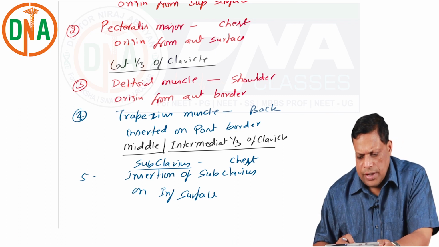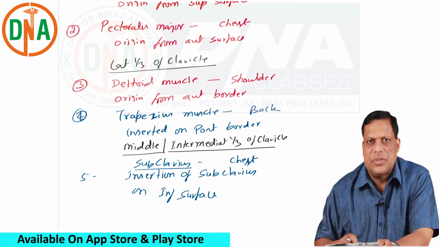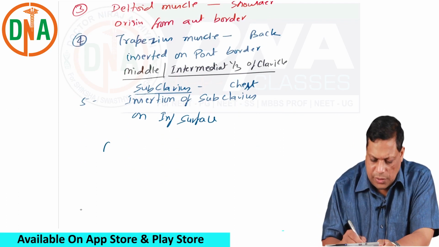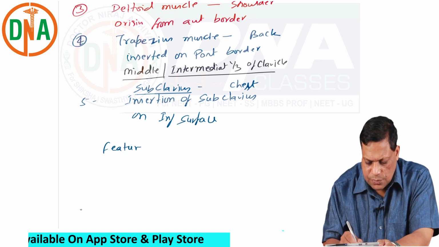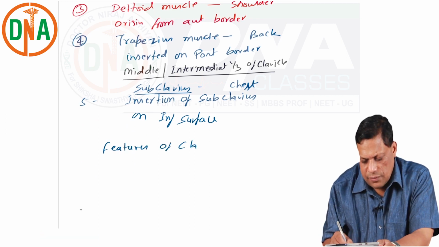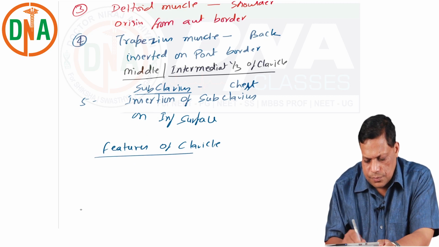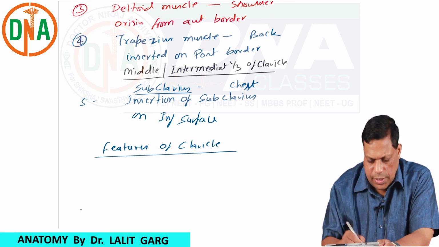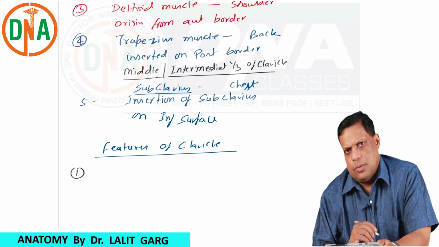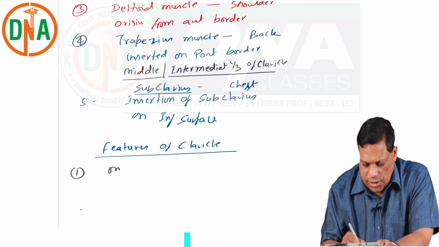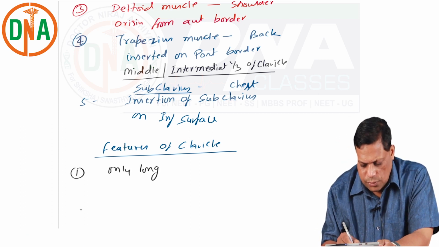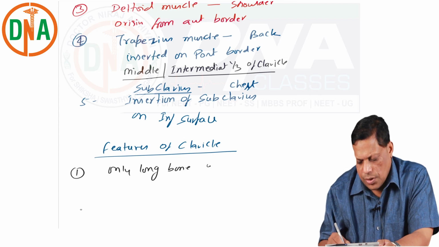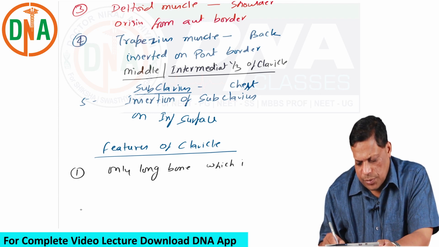Now in the next part, what are the important features of the clavicle bone? It is a long bone, but it is the only long bone which is horizontally placed.